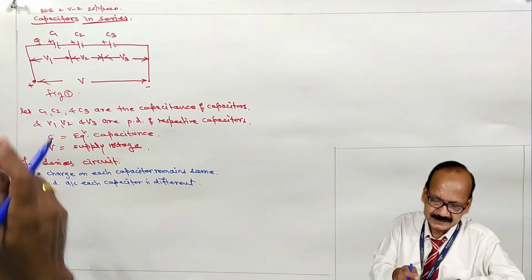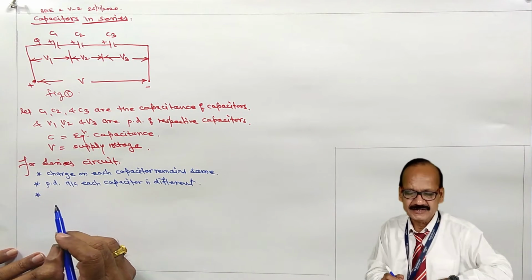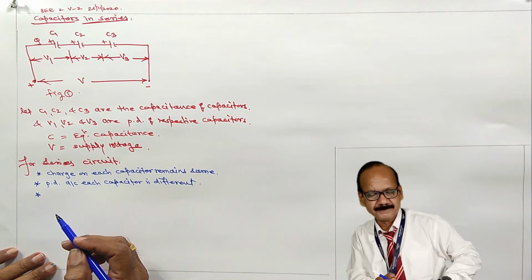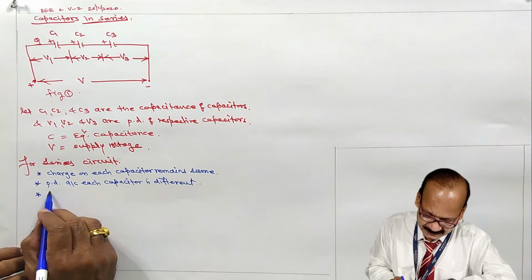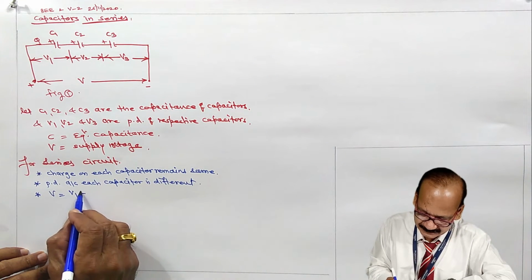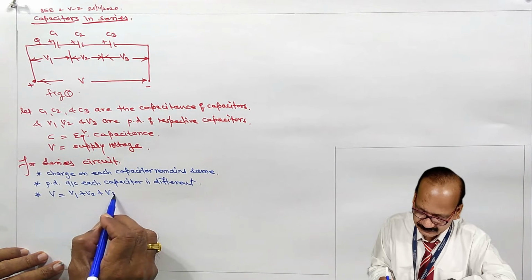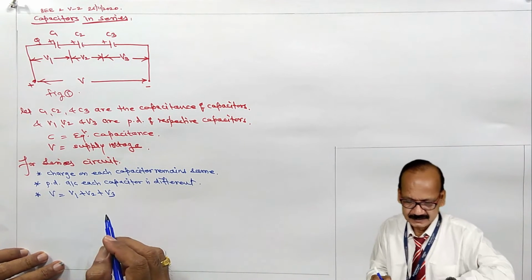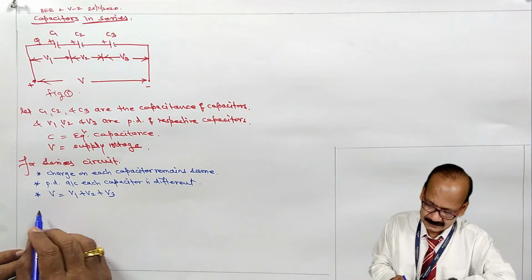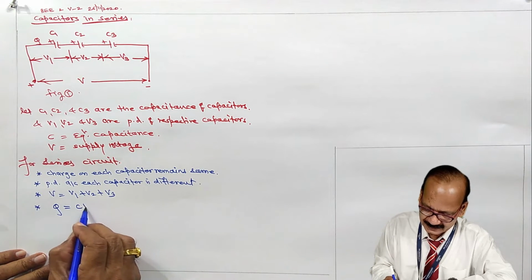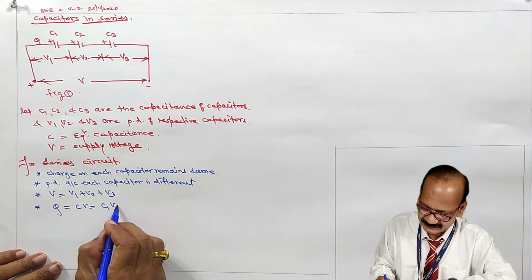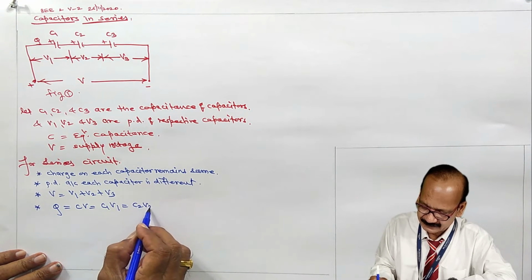Then third point, the sum of the individual PDs across each capacitor is equal to the supply voltage. So Phi equal to Phi1 plus Phi2 plus Phi3. Also Q equal to C Phi equal to C1 Phi1 equal to C2 Phi2.